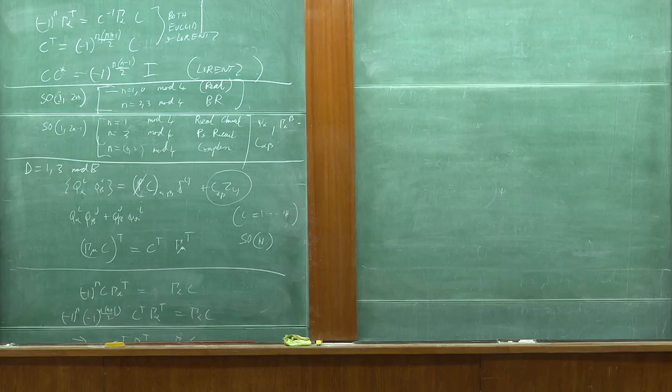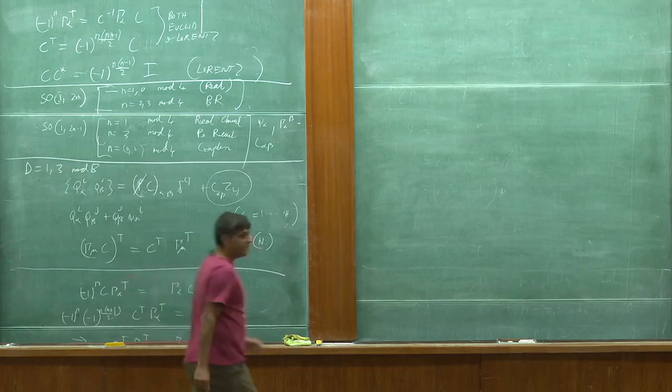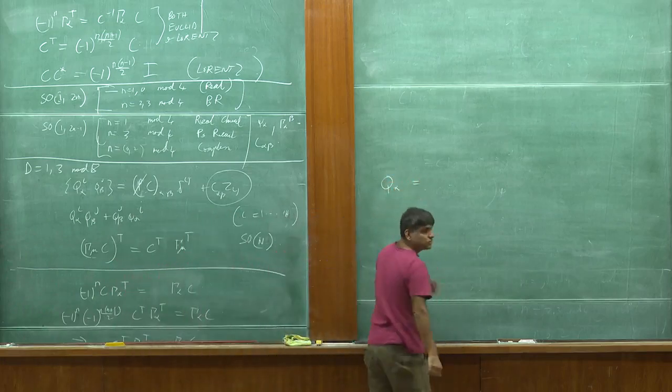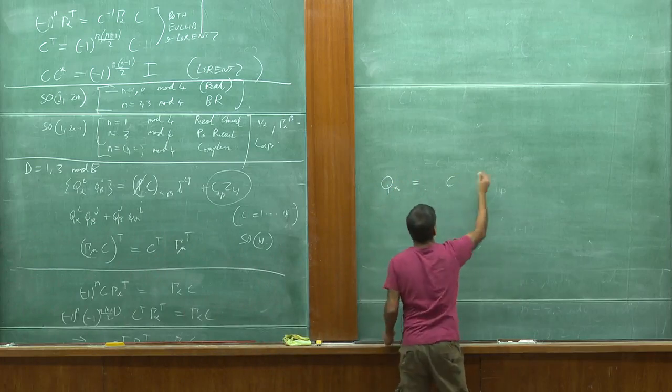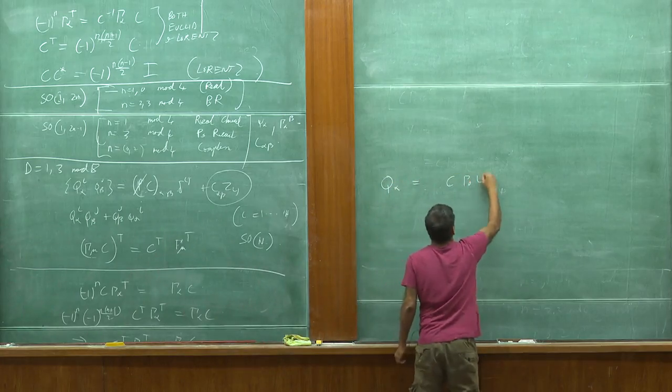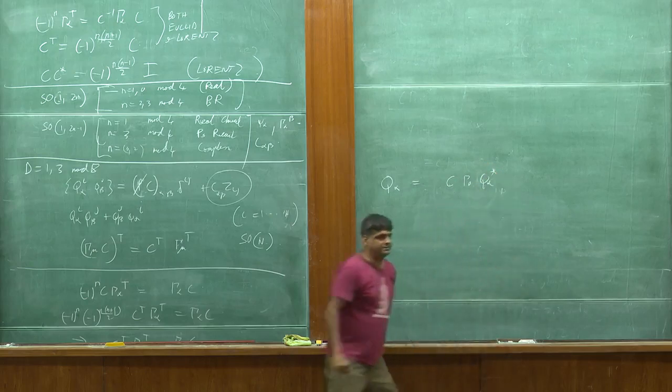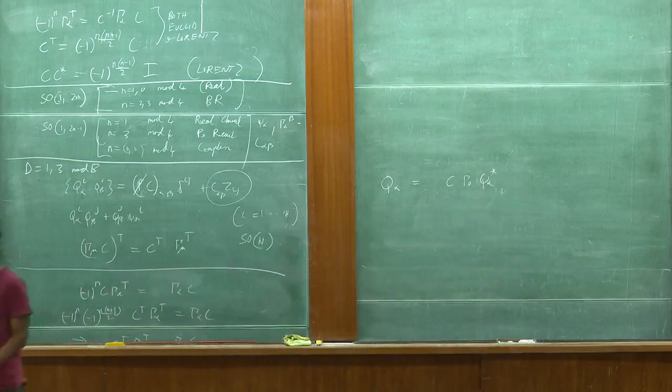Okay? But this now requires a test, because real spinors obeyed an equation, right? Real spinors obeyed the equation Q alpha was equal to C gamma 0 Q star. That was the equation we decided to impose on real spinors.